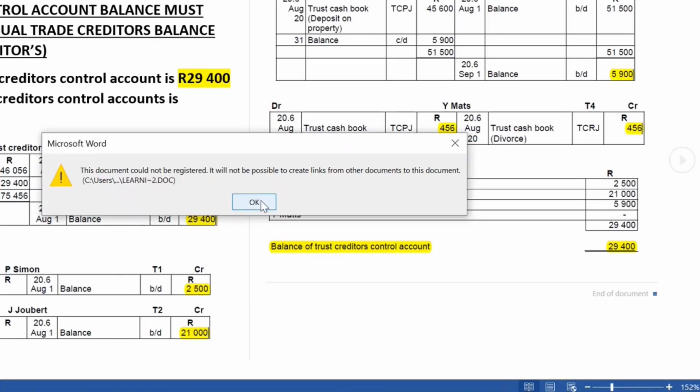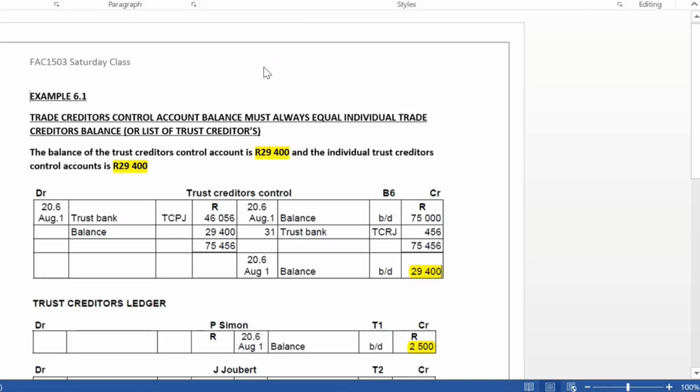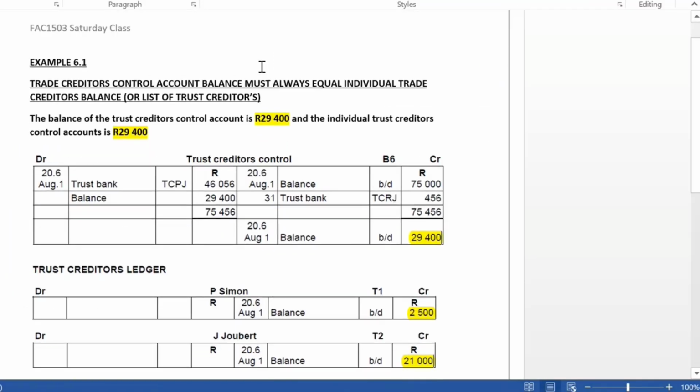So I'm going to show you the other side, which is the trust creditors control account. The trust creditors control account balance must always equal the individual trust creditors balances, or the list of trust creditors.